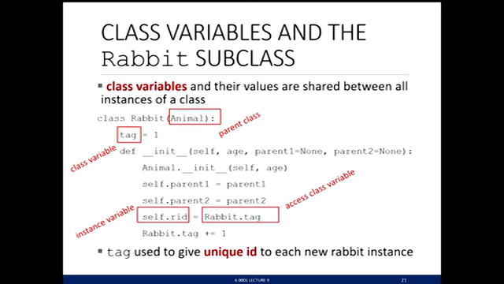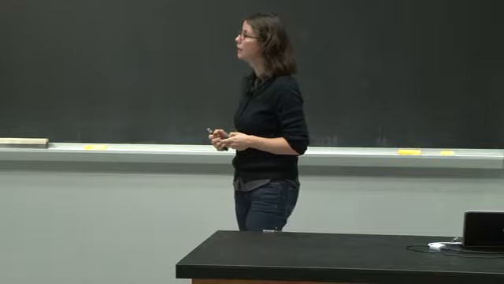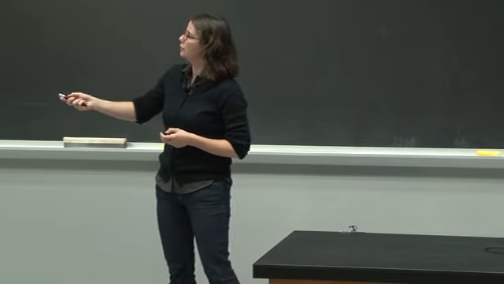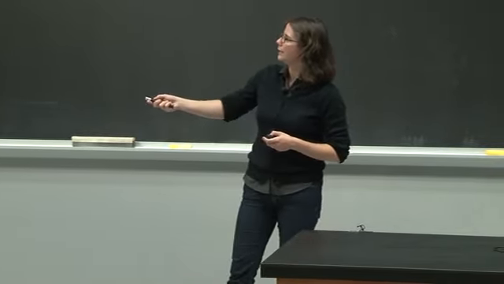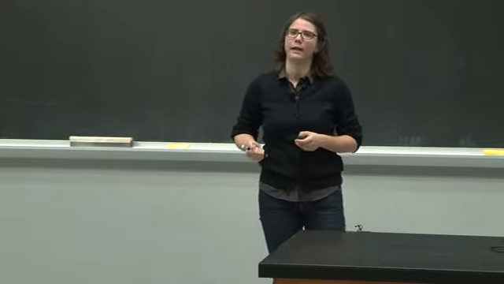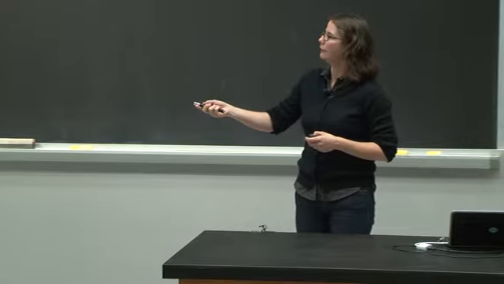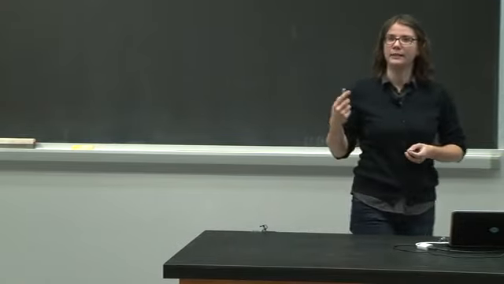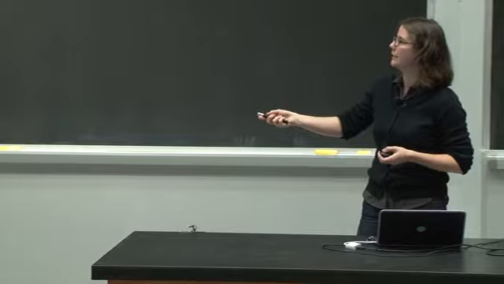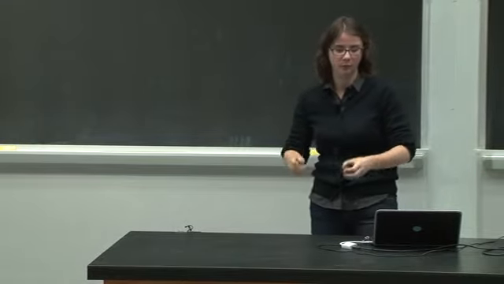I access class variables using not self, but the class name, so in this case, Rabbit.tag. Initially, tag is going to be 1. And then the init is going to increment the tag by 1 here. That means that from now on, if I create any other instances, they are going to be accessing the updated value of tag instead of 1.